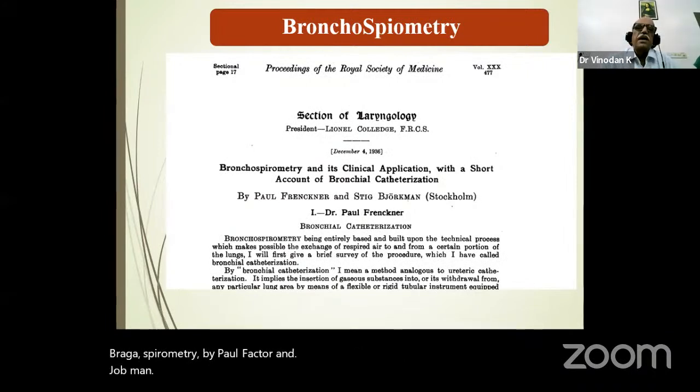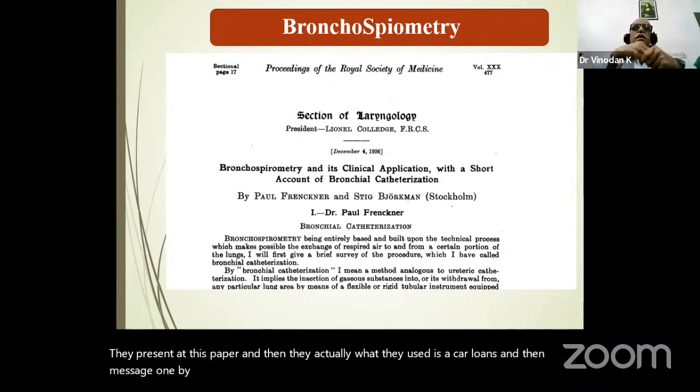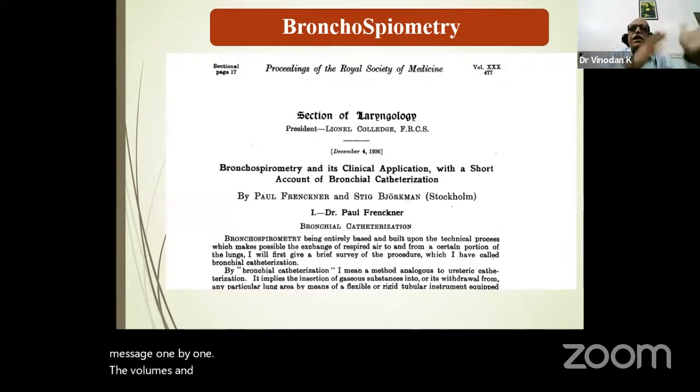Way back in 1936, they presented this paper, and what they used is a Carlens tube, and then measured one by one the volumes and the capacities of each lung.